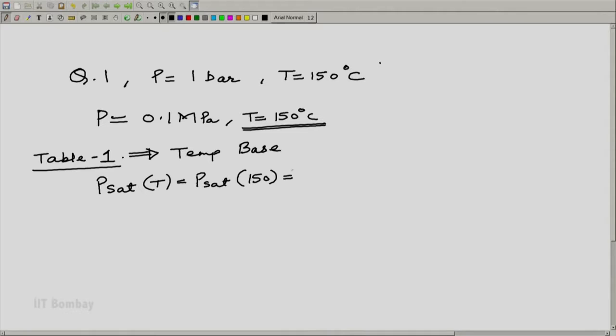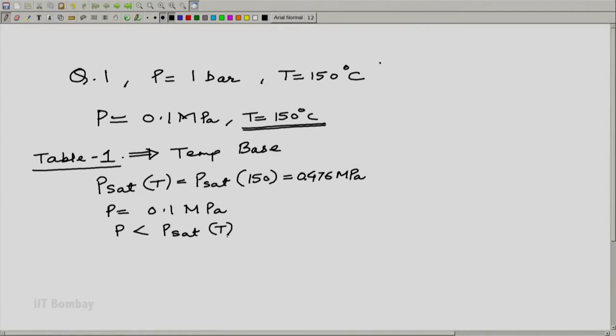P sat at 150 degree centigrade is 0.476 MPa, while P is equal to 0.1 MPa. So, what we understand from here is our P is less than P sat T, because 0.1 MPa is less than 0.476 MPa.